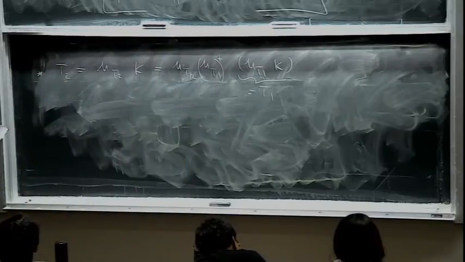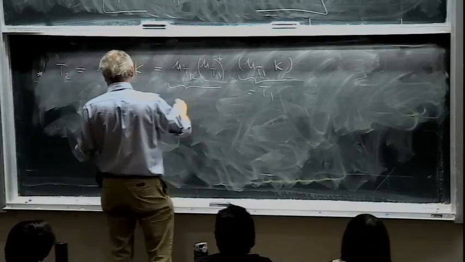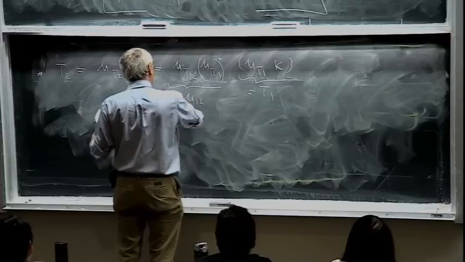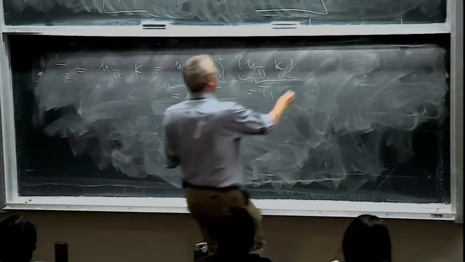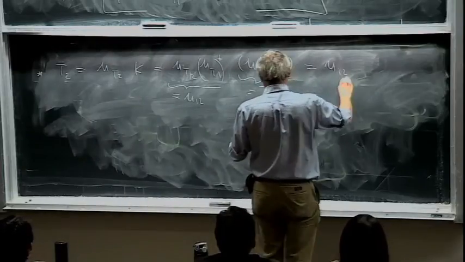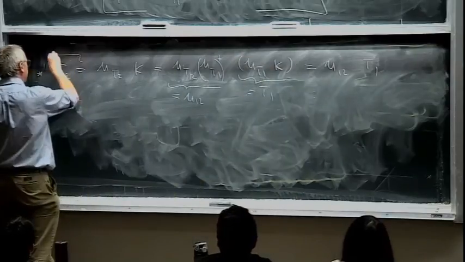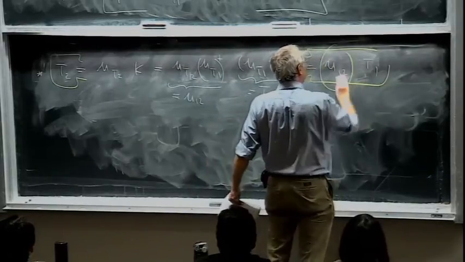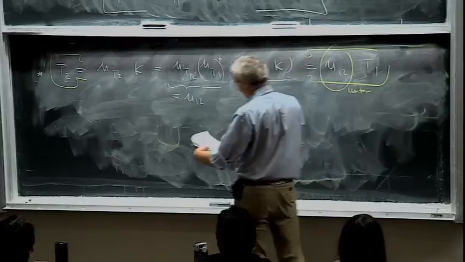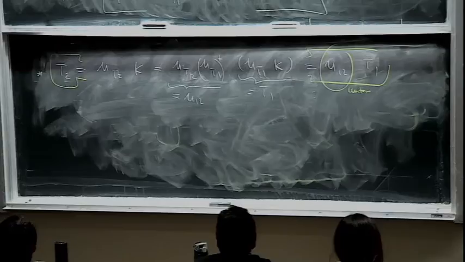So this is some matrix, some unitary, and so then we learn, very simple, obviously, the innocent calculation, that T2 is the same as T1 up to some unitary.